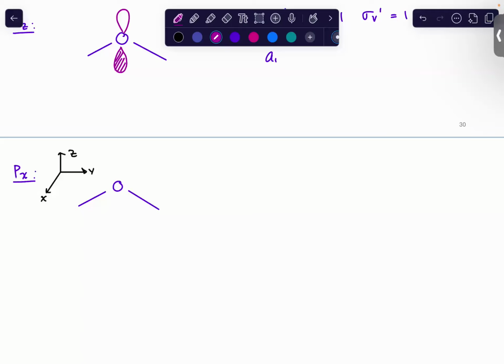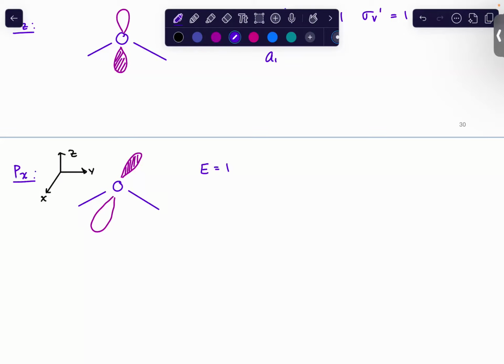There they are. So that means our PX is not a straight line. It's going to go forwards and backwards. Try to imagine that as going into the screen and coming out of the screen. So now things are going to change a little bit.